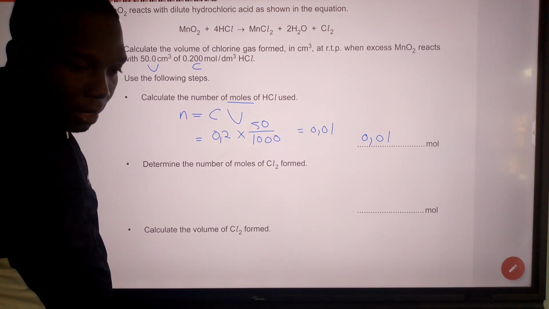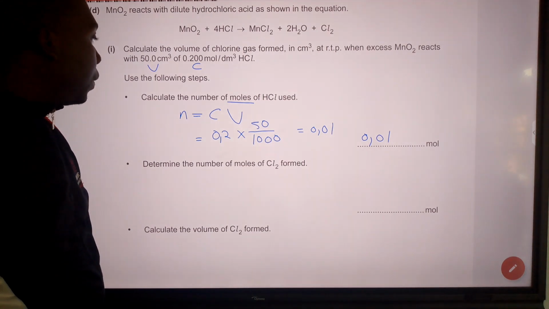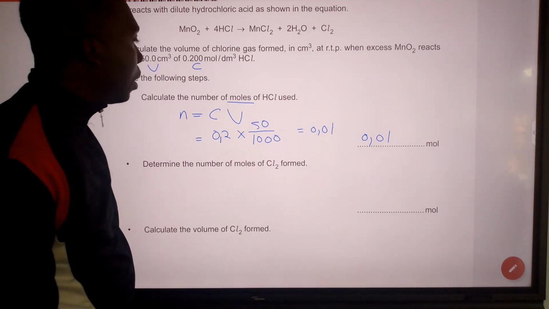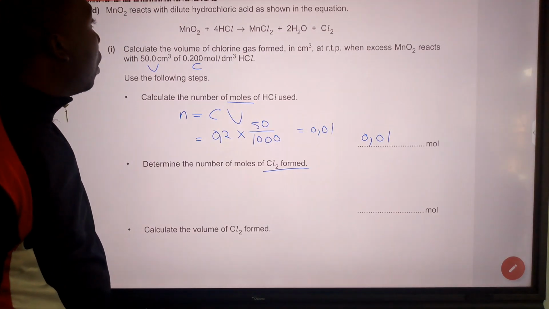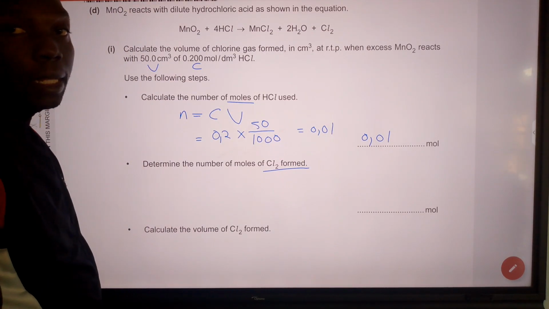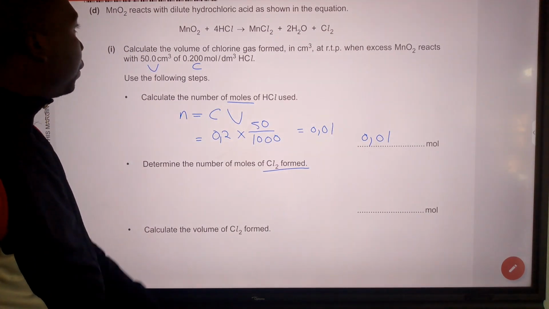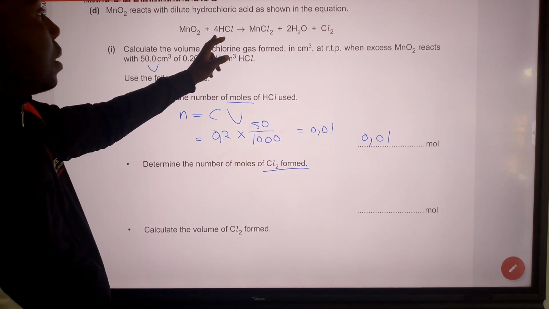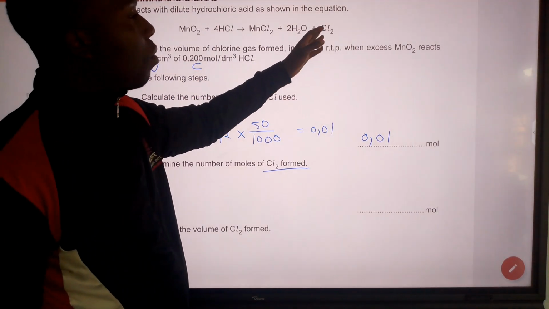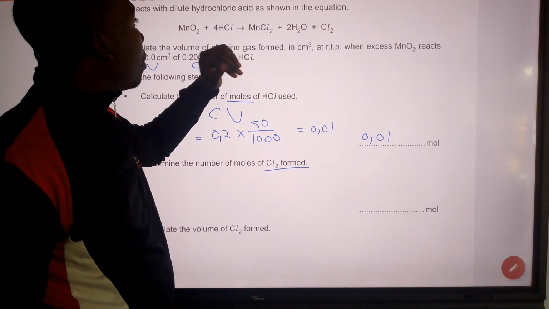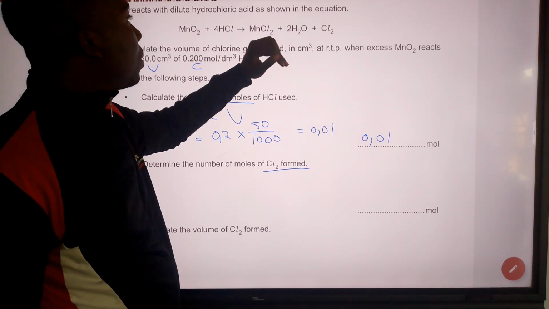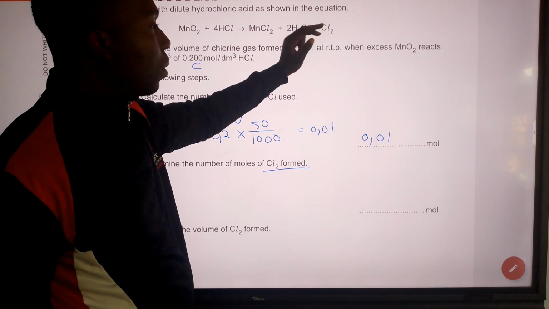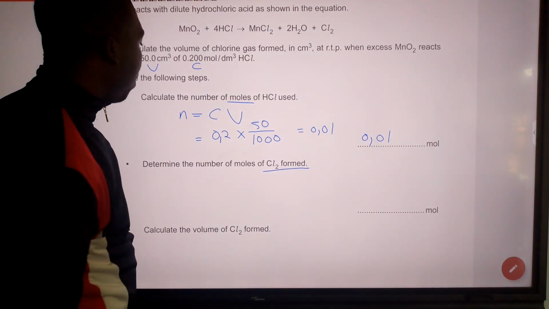Then determine the number of moles of chlorine gas formed. To determine the number of moles of chlorine gas formed, we are going to use the stoichiometric ratios. Here we have 4 moles of hydrochloric acid which react to produce 1 mole of chlorine. So you can see that the ratio here is 4:1. So in order to get the number of moles of chlorine, we divide by 4.